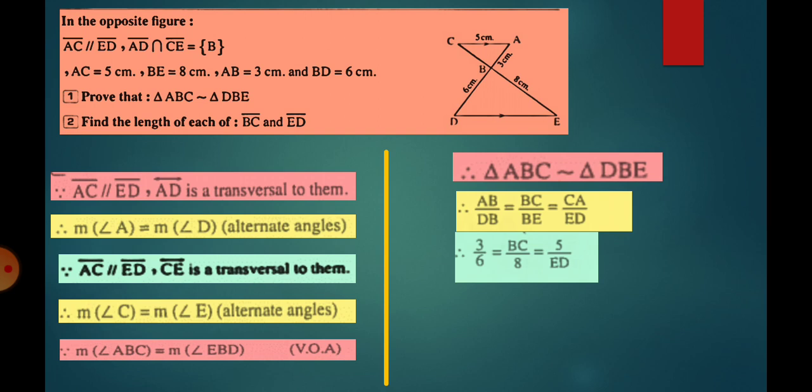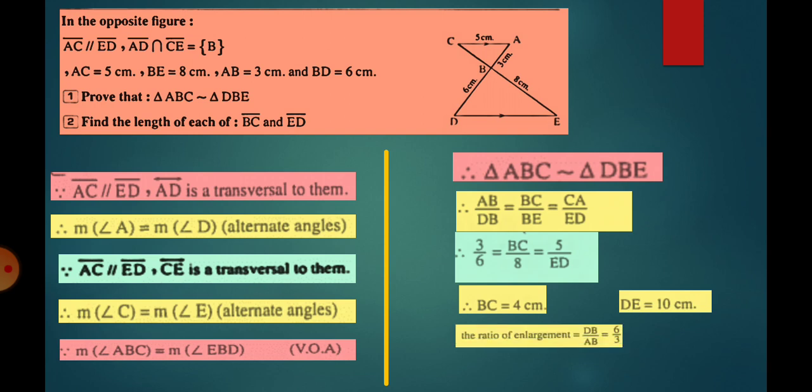BC, we need to find the length of BC. BE equals 8, CA is 5, and ED we need to find. Then BC equals 8 times 3 divided by 6 equals 4 centimeters. ED equals 5 times 6 divided by 3 equals 10 centimeters.